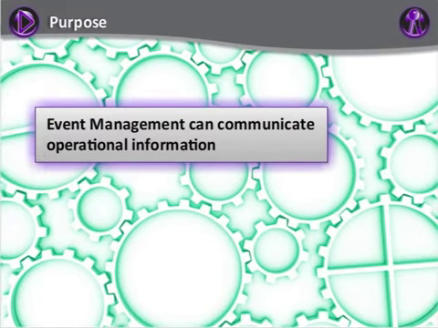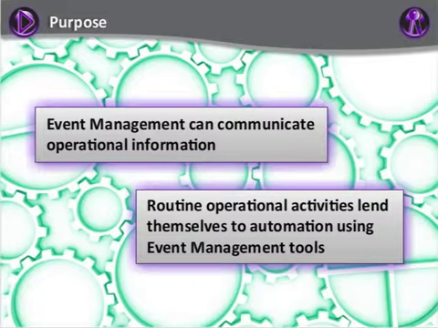Event management can communicate operational information as well as warnings and exceptions. Routine operations management activities can be automated using event management systems and tools, such as load balancing across multiple servers or running a script.